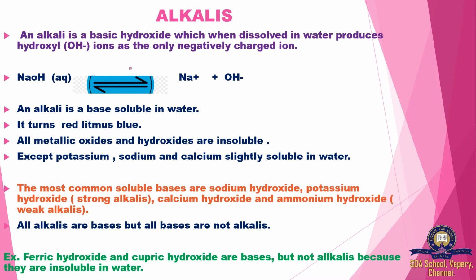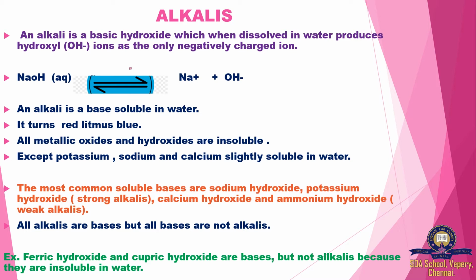All metallic oxides and hydroxides are insoluble except those of potassium, sodium and calcium, which are slightly soluble in water. The most common soluble bases are sodium hydroxide and potassium hydroxide. These are strong bases.